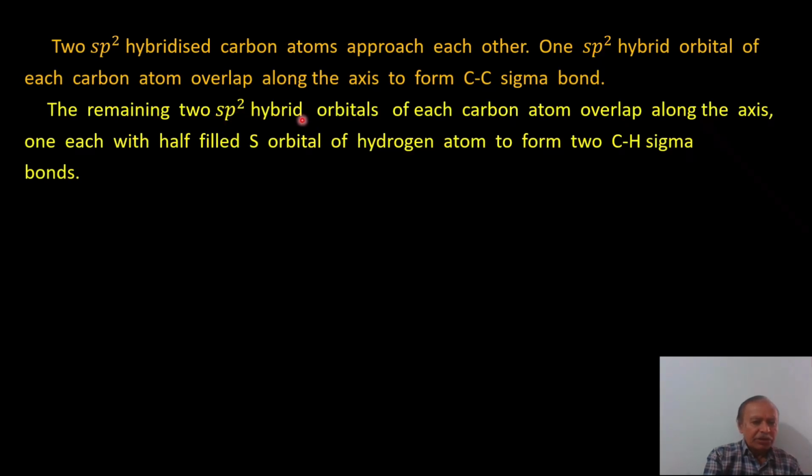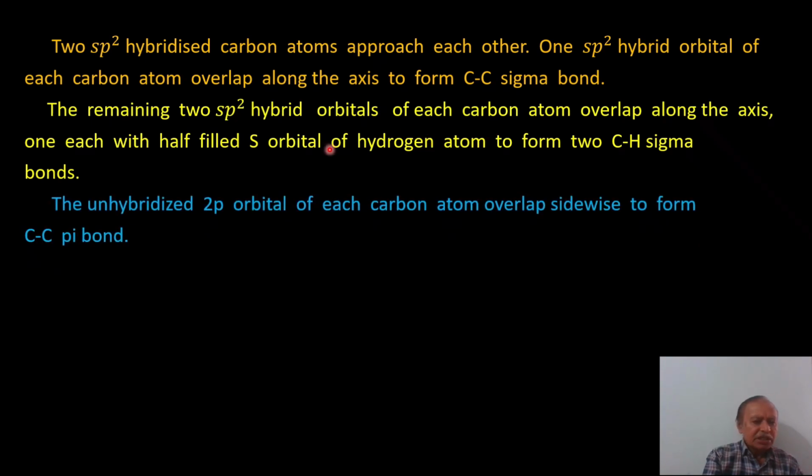Now these 2 remaining sp2 hybrid orbitals in each carbon atom overlap along the axis with the half-filled s orbital of the hydrogen atom to form 2 carbon-hydrogen sigma bonds. So two bonds are formed because each carbon atom is bonded to two hydrogen atoms.